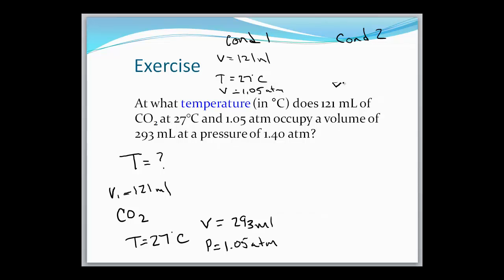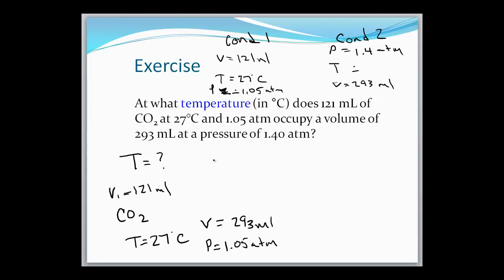So now we have a different volume, 293 milliliters. We have a different pressure, 1.4. Whoops, sorry. Let me rewrite that. 1.4 atmospheres, and we're trying to find the other temperature.